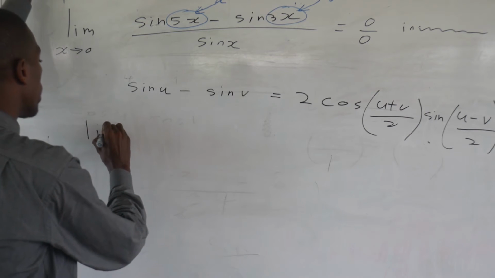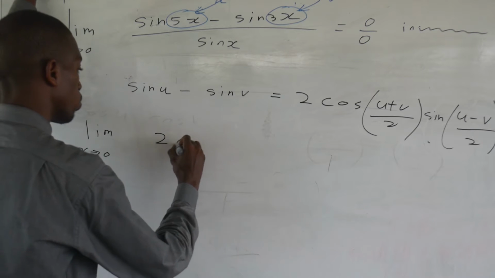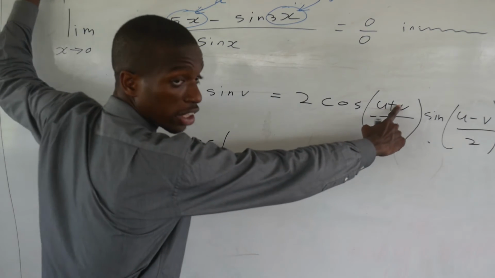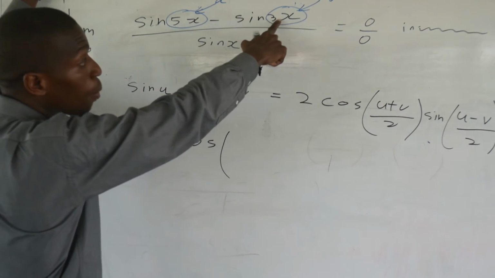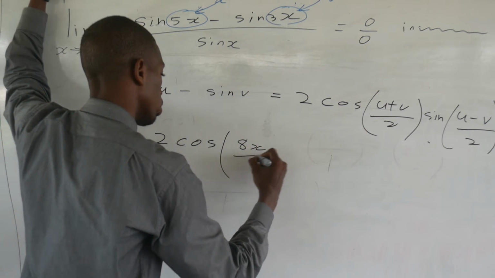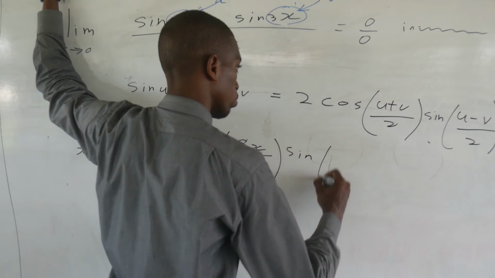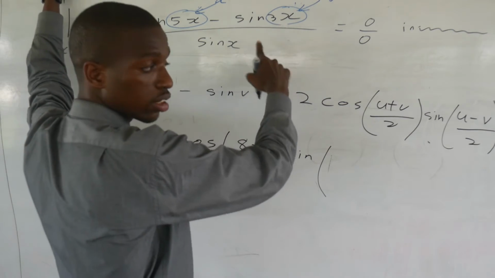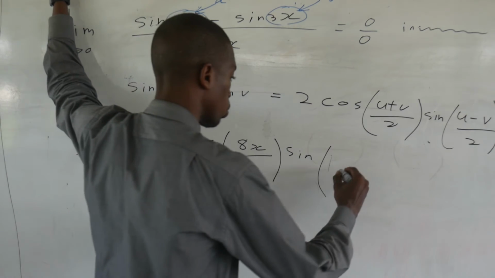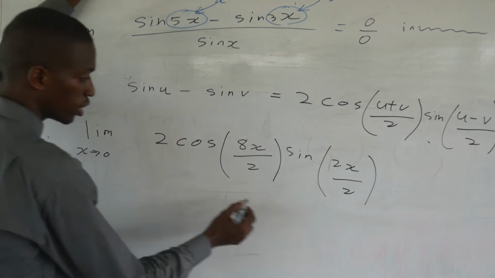So we have the limit as x goes to 0 of 2 cos of u plus v over 2, 5x plus 3x, 8x divided by 2, multiplied by sine of u minus v over 2, 5x minus 3x, 2x over 2, all over sine x.